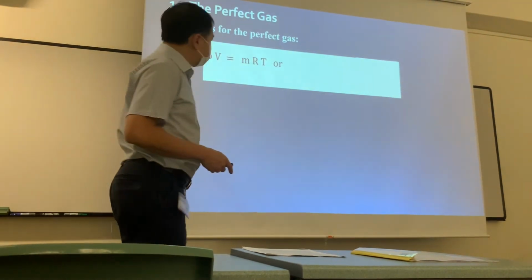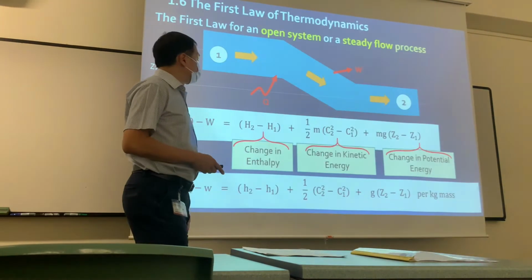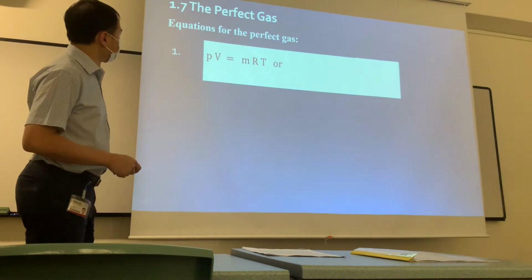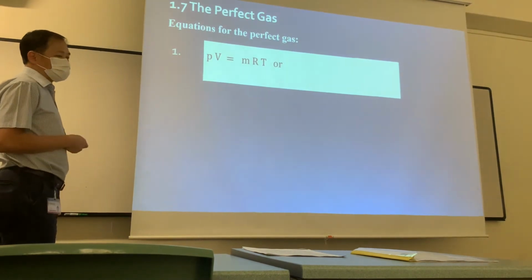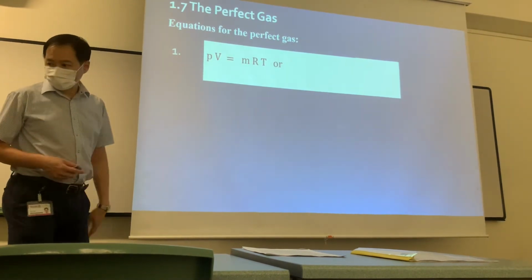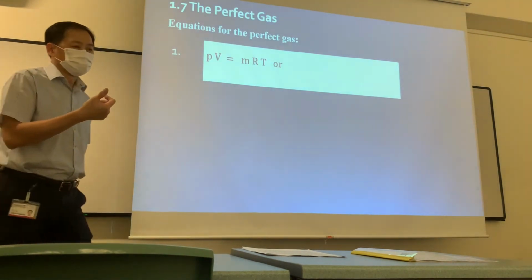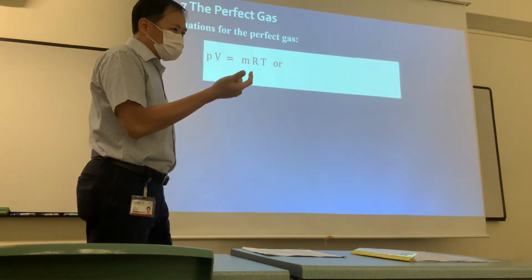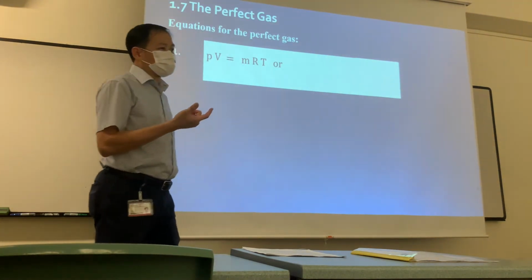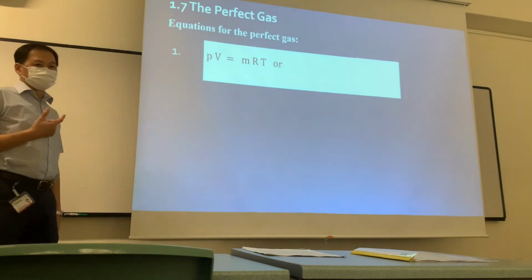Okay, the perfect gas equation. Very often you need to use the perfect gas equation. The first one you use is PV equal to mRT. So what do I mean by perfect gas? Like air, nitrogen, oxygen, all these you can consider as perfect gas for ease of calculation.